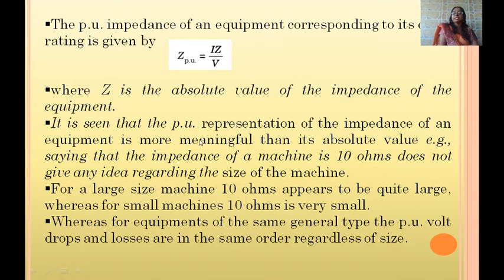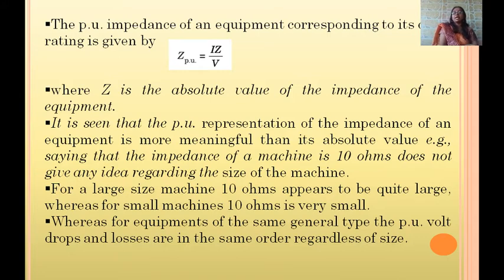It is seen that per unit representation of an impedance of an equipment is more meaningful than its absolute value. Example, suppose I am telling you 10 ohm is the impedance of that machine, then this doesn't tell you the actual size of that equipment or machine. So a representation of that machine in terms of per unit values is more important.